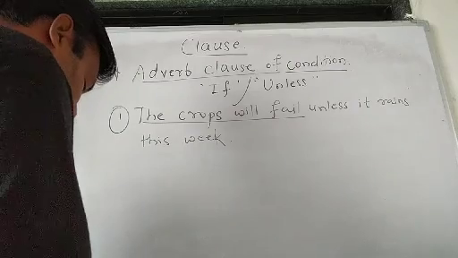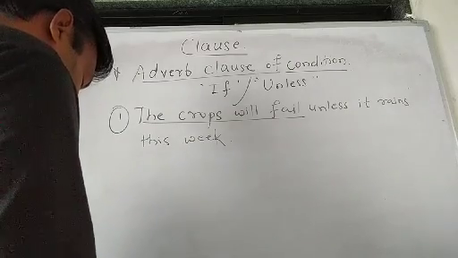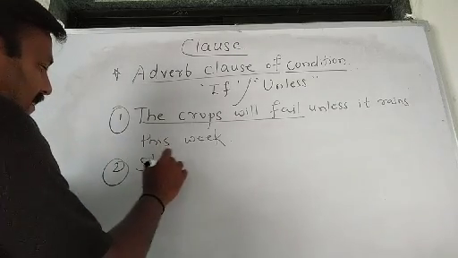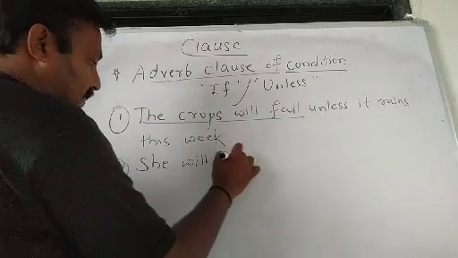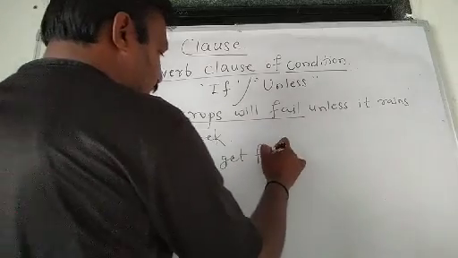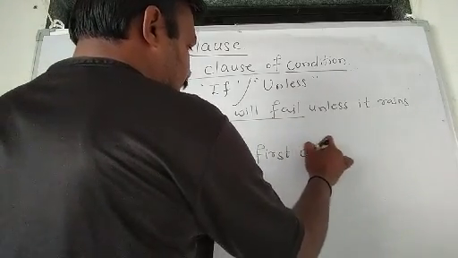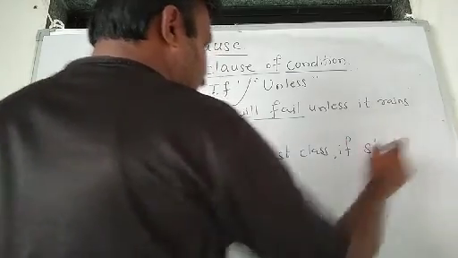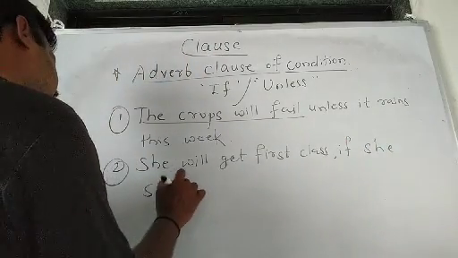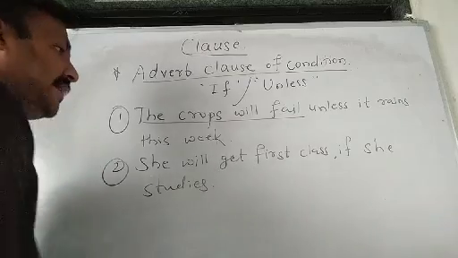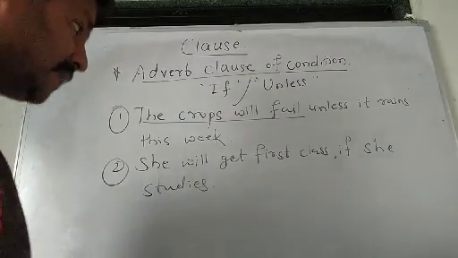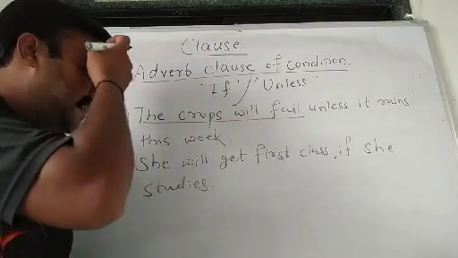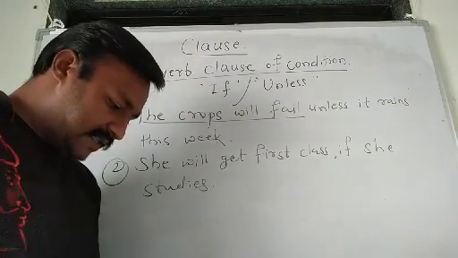Next example we will have, she will get first class if she studies. So if she studies, this is our adverb clause of condition, and the main clause, she will get first class.